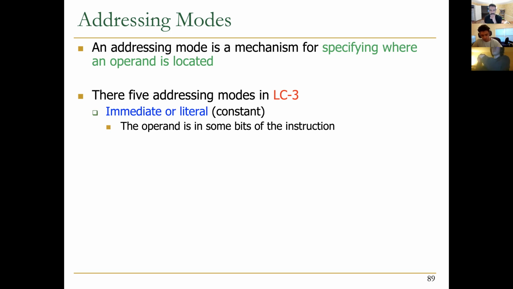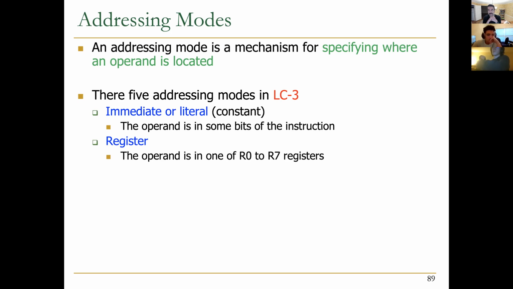Immediate is an addressing mode where the operand is encoded as a constant. You see this immediate in assembly code, where the constant is defined and is encoded accordingly in the encoding part as well.